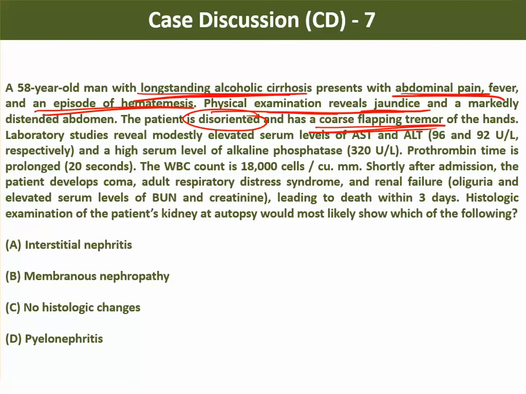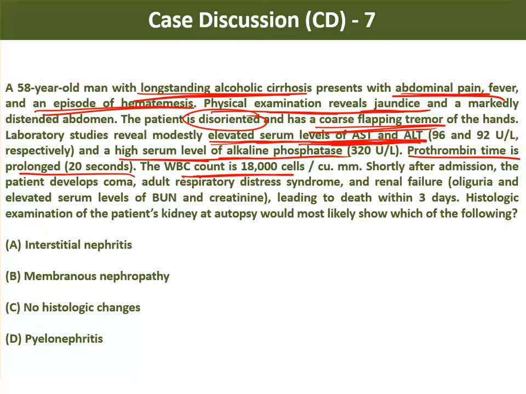Let us see what the lab features are. Alanine aminotransferase and aspartate aminotransferase enzymes are elevated, and there is a high serum level of alkaline phosphatase. Prothrombin time is prolonged.